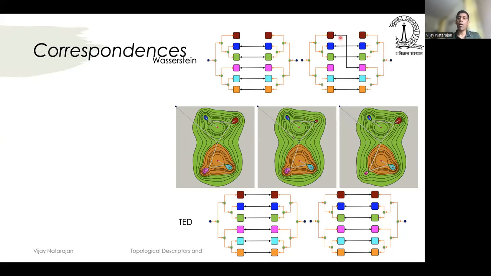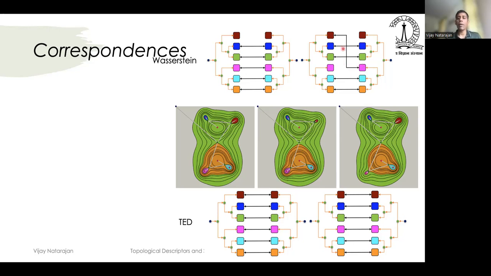There is an alternate correspondence between the brown and pink here. This is again due to the fact that there is an overlap in the scalar function range between the brown and pink, right? And hence you see an incorrect correspondence.